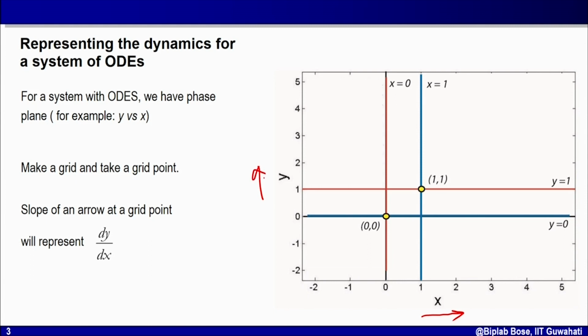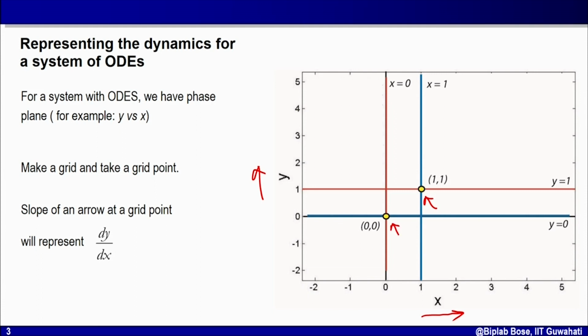You can swap them; there is no issue that x should always be in the horizontal axis. Now, we have discussed that I can draw null lines on this plane, and the intersection points of the null lines, for example, these yellow dots here, are actually the steady states.